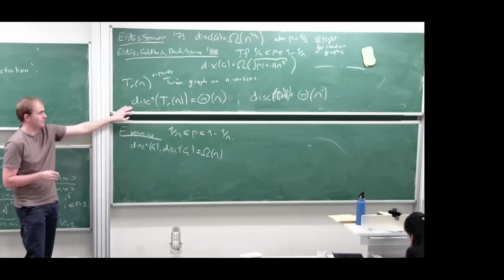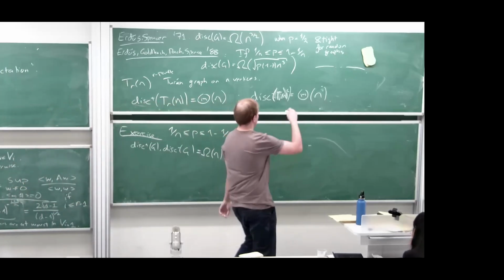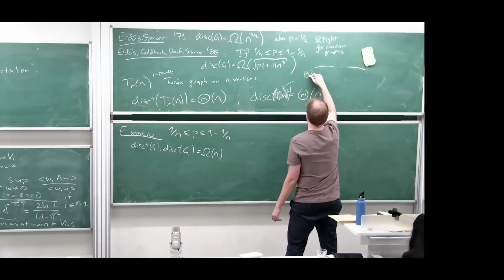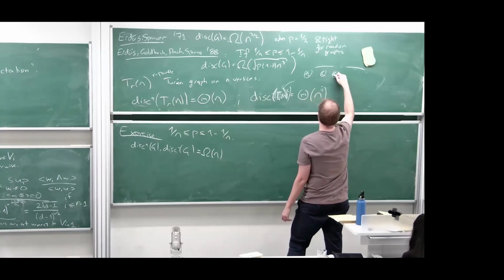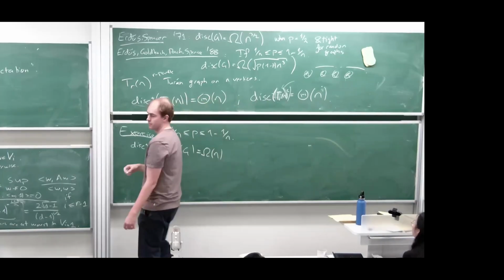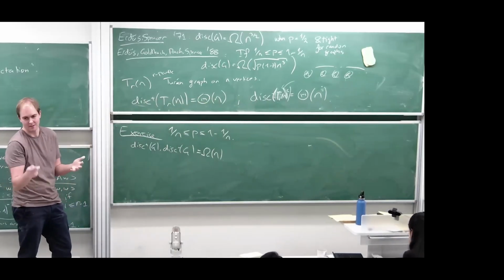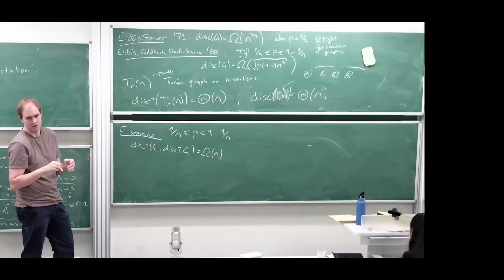And by the examples of Turán graphs and their complements, where the complement of the Turán graph is just a disjoint union of equal sized cliques, we can't really improve this greedy algorithm in general.